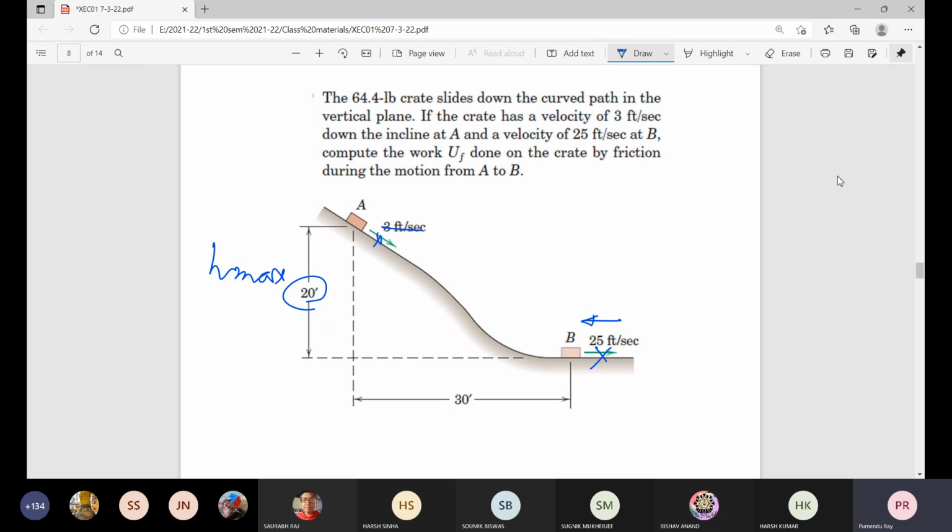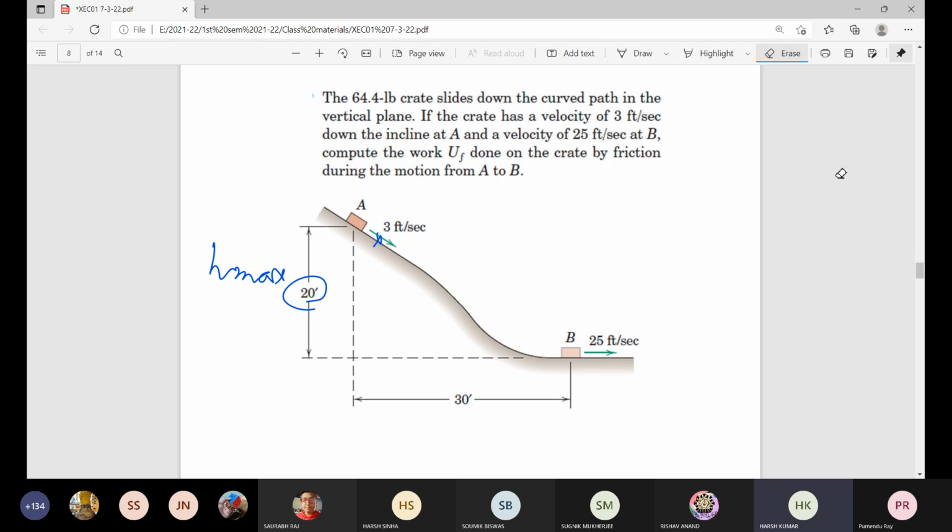Find this height against the friction, it is traveling up, and when it repeats this motion, repeats means it is coming back, then what will be the velocity with which it will travel at this floor or at B. Okay, so that similar kind of situation, the only thing is the work done by the friction force.